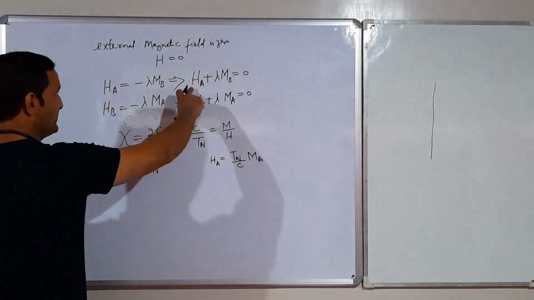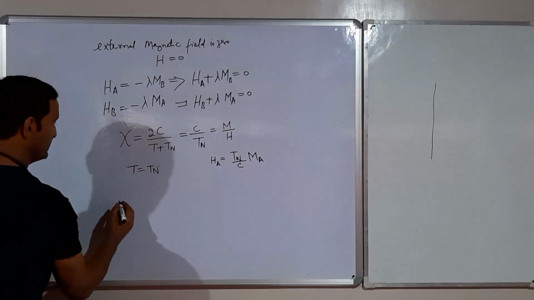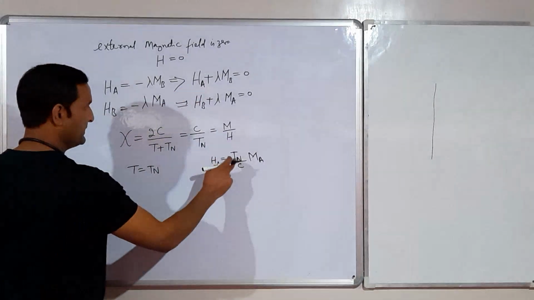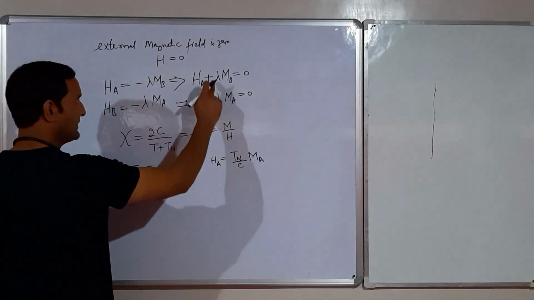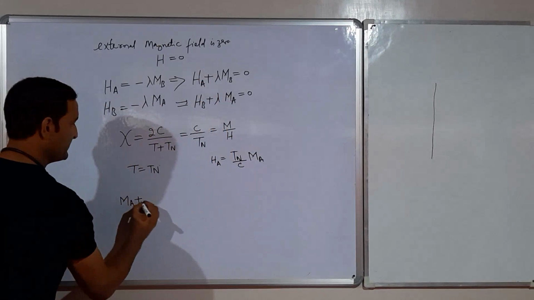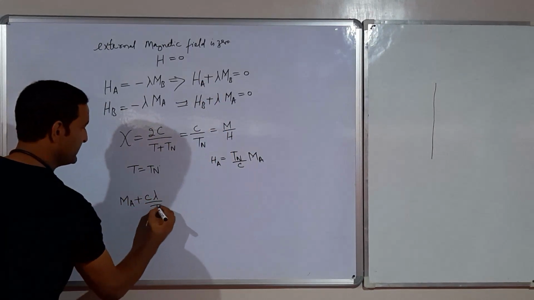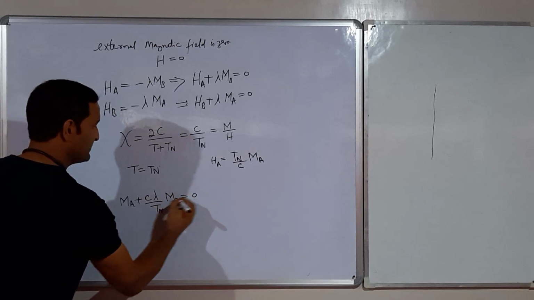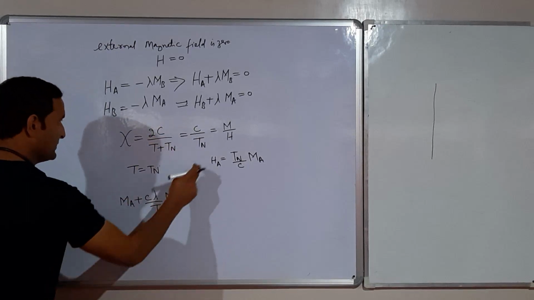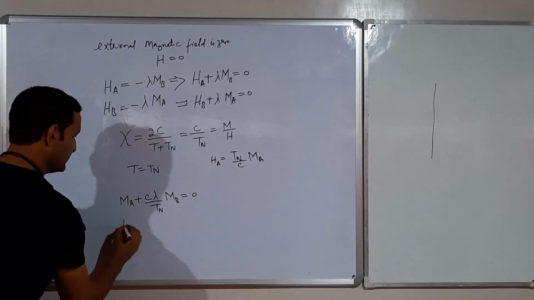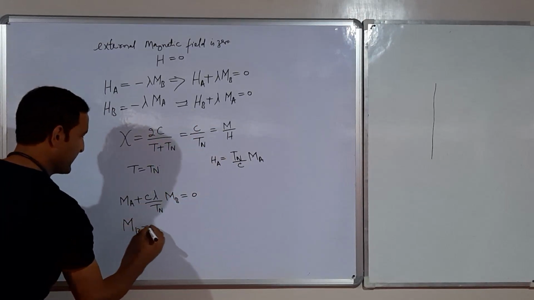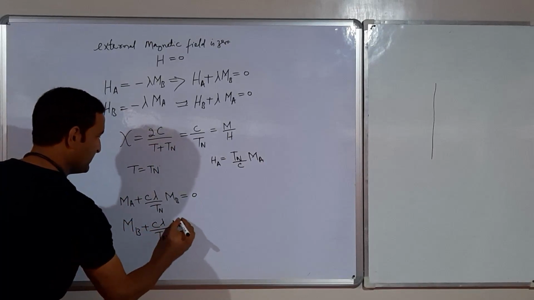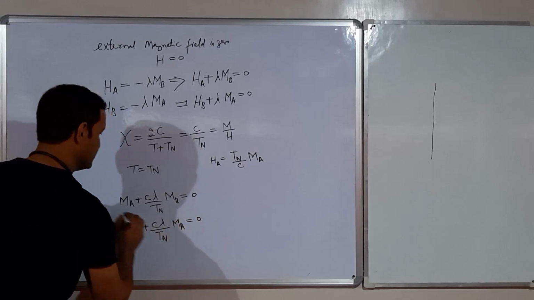So we can substitute here: HA, that is MA multiplied by Tn and divided by C. We can multiply here, that is plus C lambda upon Tn MB will be equal to 0. Similarly, in terms of HB, we can write MB plus C lambda upon Tn MA will be equal to 0.